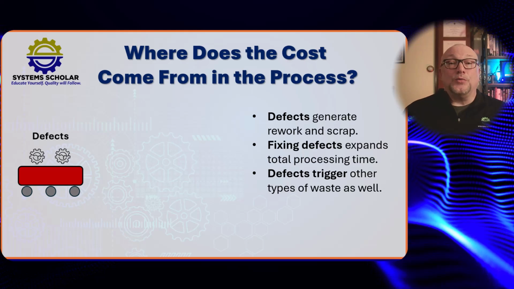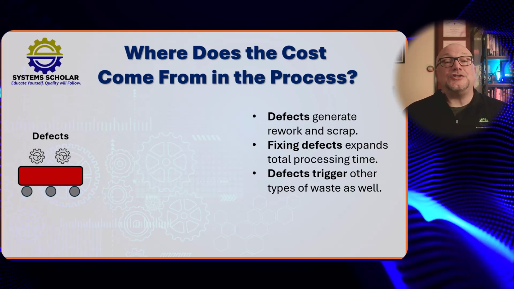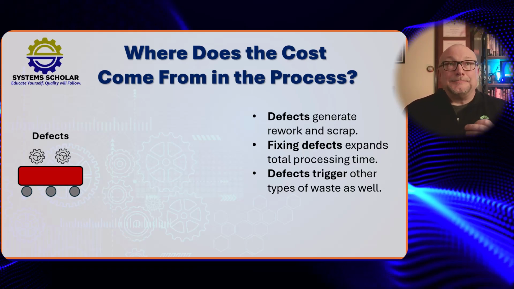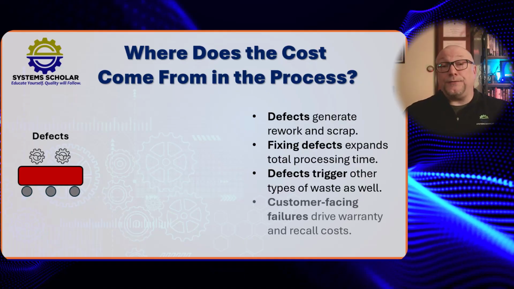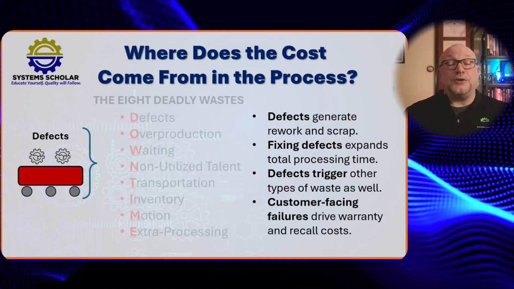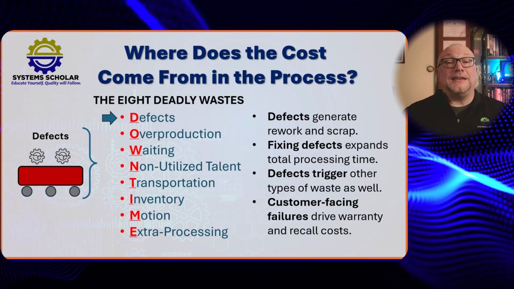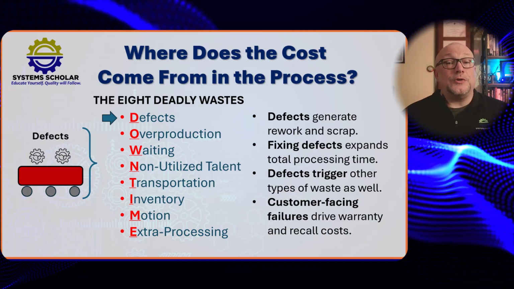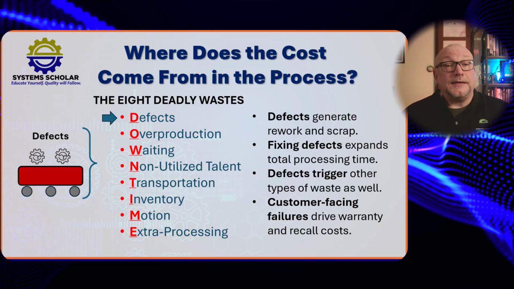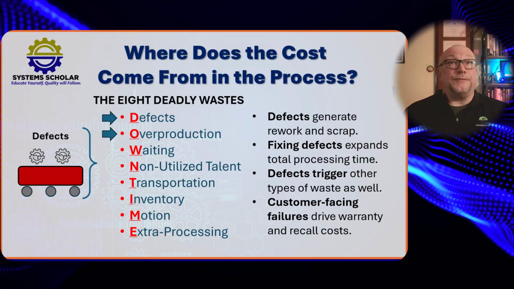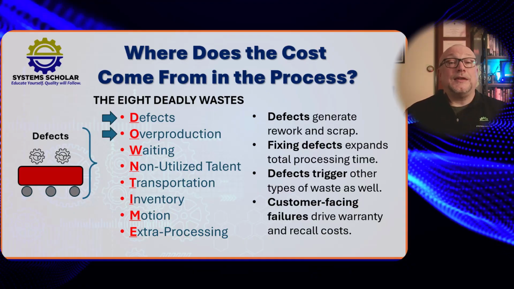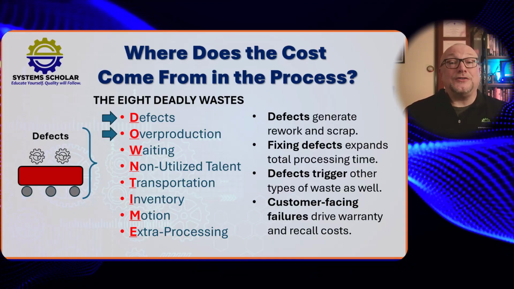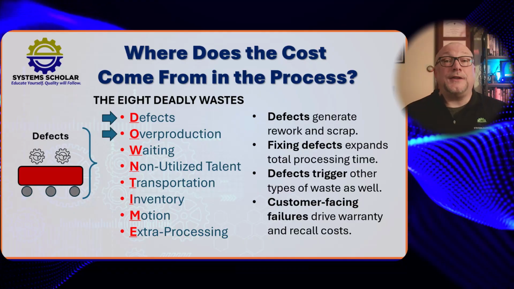And defects rarely exist in isolation. Defects begin to trigger other forms of waste throughout your entire system. Obviously, defects themselves show up as rework and scrap, but they can also drive overproduction, as teams have to build extra to buffer against failure.